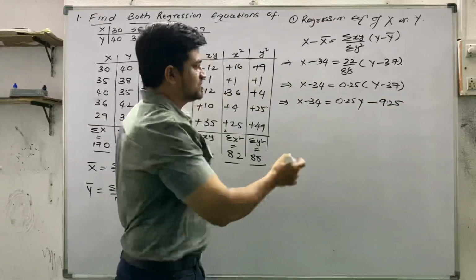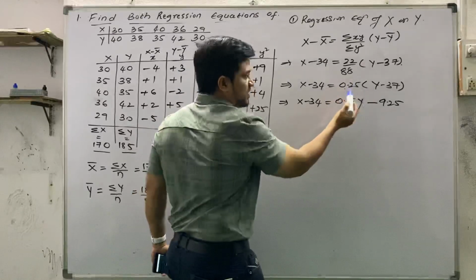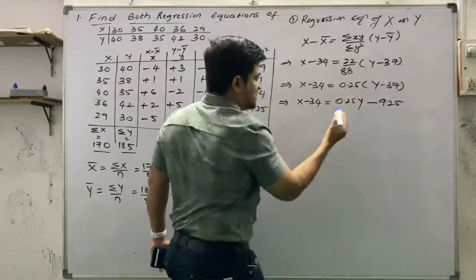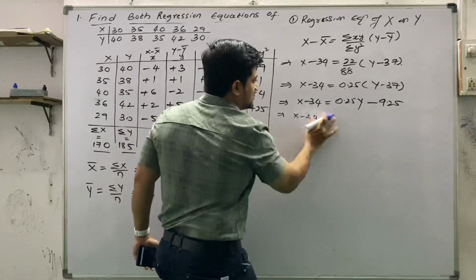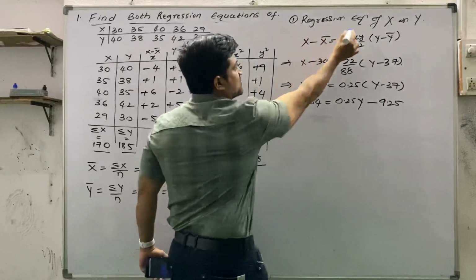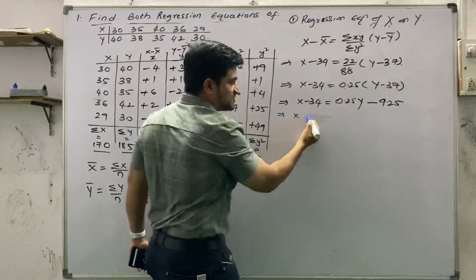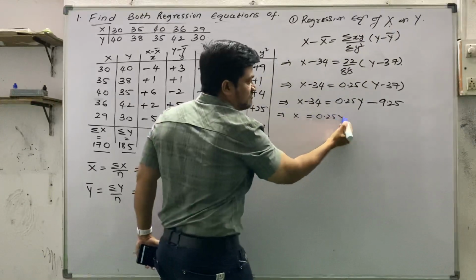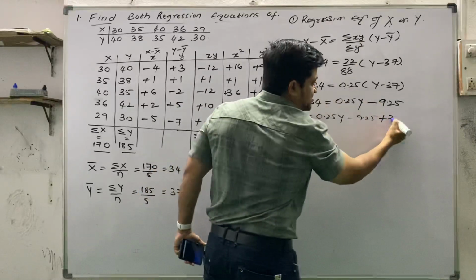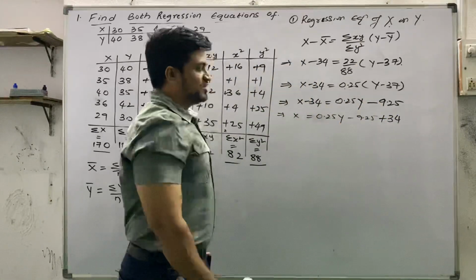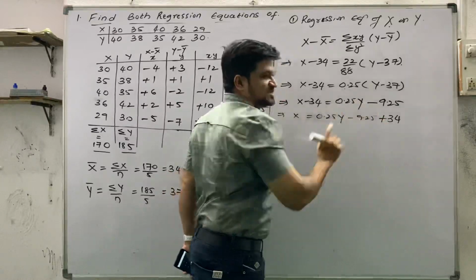See, once again check it out. We are multiplying the 0.25 to y, then minus as it is 0.25 to 37. Now we have x minus 34 equals, we need to find the regression equation of x. So take x on the left side, right side whatever values are there as it is, minus 34 comes to this side and becomes plus 34. Now we have minus 9.25 plus 34.